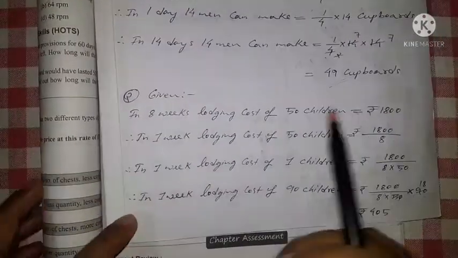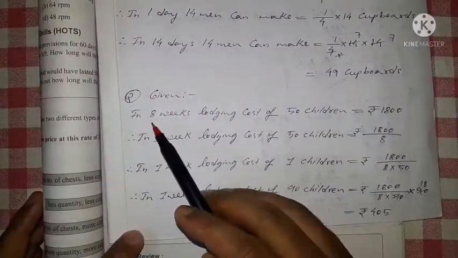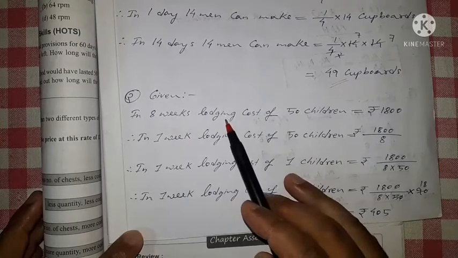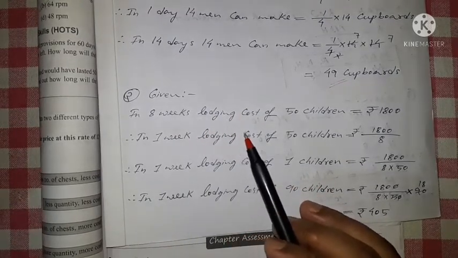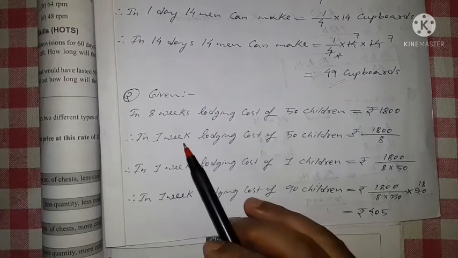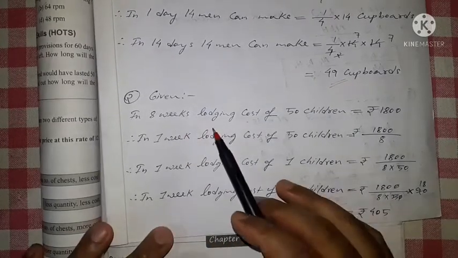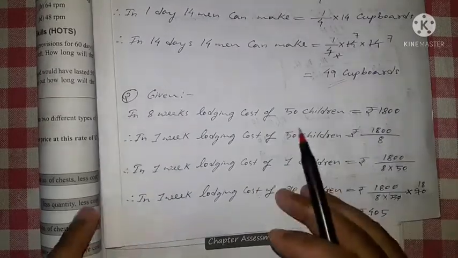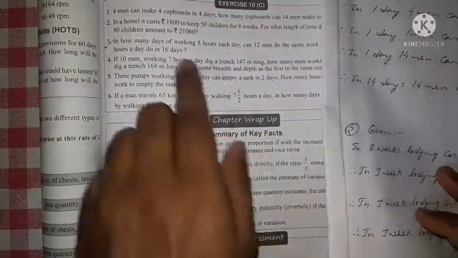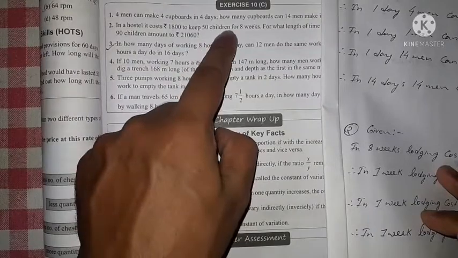Let us first consider the given condition. In 8 weeks, the lodging cost, lodging meaning the staying of students, of 50 children is rupees 1800.